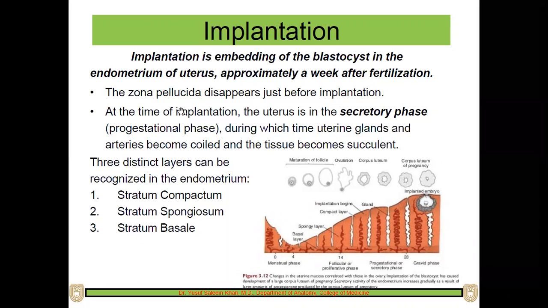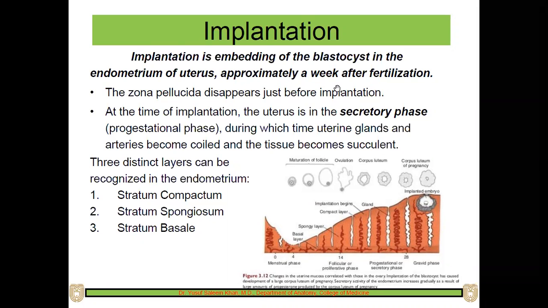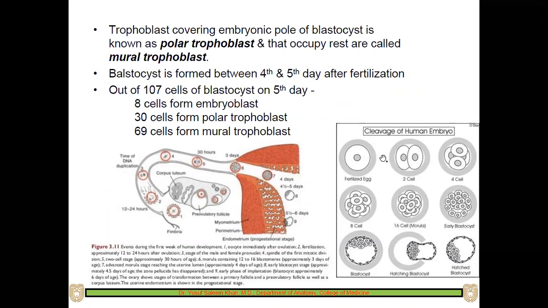For this implantation to take place, the zona pellucida should disappear. The zona pellucida disappears just before implantation. Till now, implantation was not taking place because the zona pellucida, the outer covering, was still there. Now, if you see here, this is called the hatching of the blastocyst.